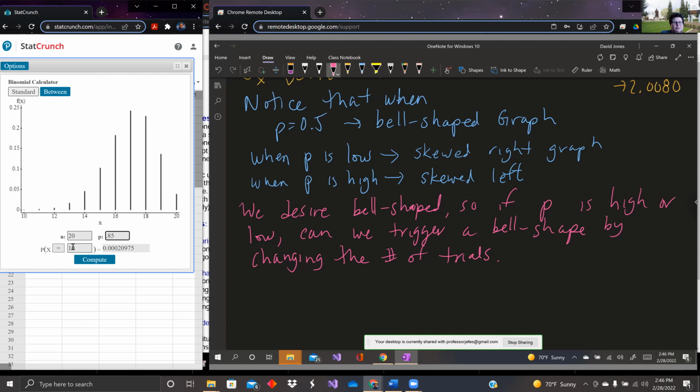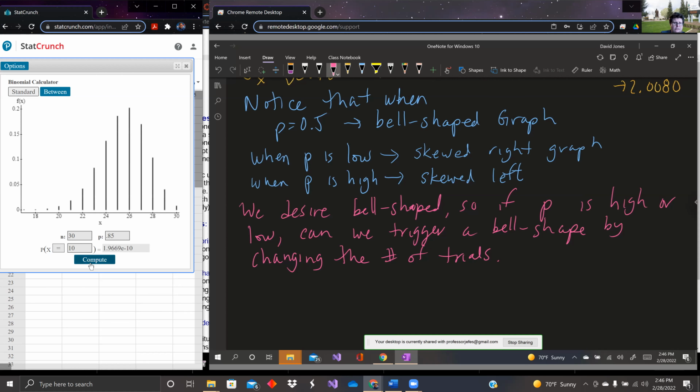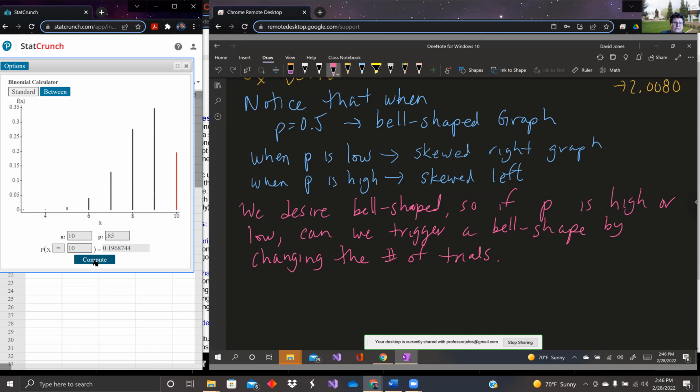And this is 10, let's make it 30. Starting to look a little bit more bell-shaped, isn't it? The tail on the left is still a little bit longer, but it's getting closer. Like if we did 10, it's really skewed. The hump is all the way to the right.